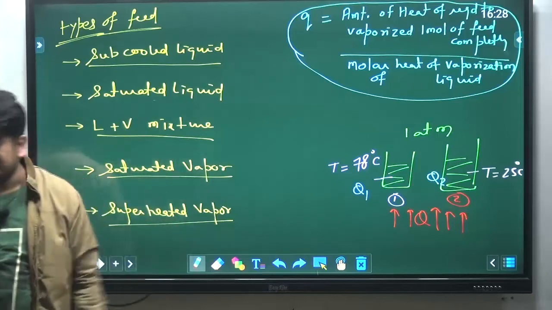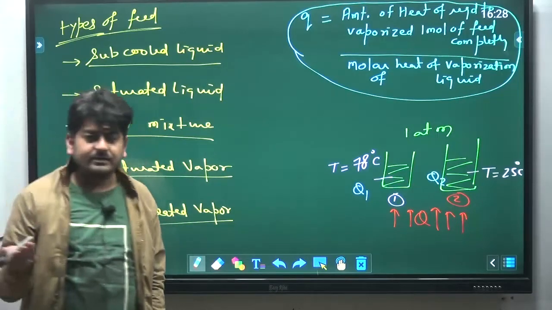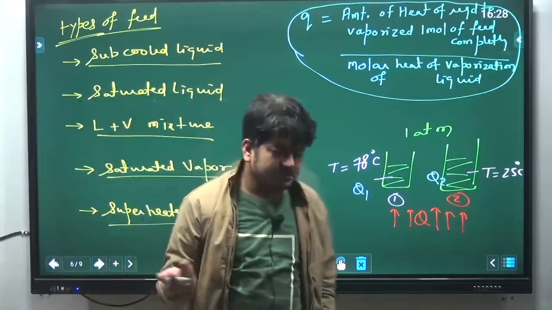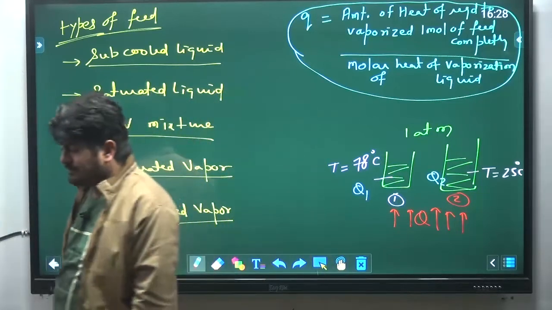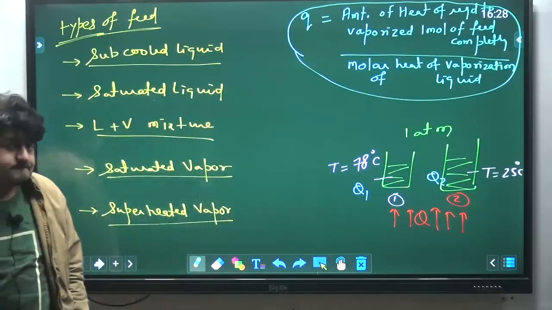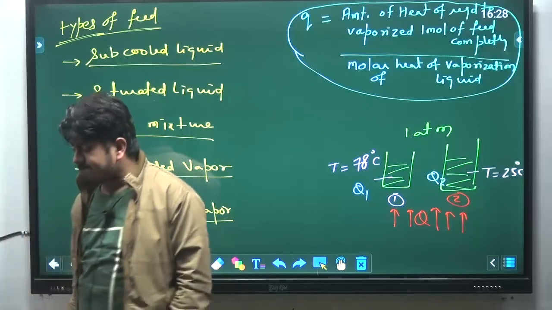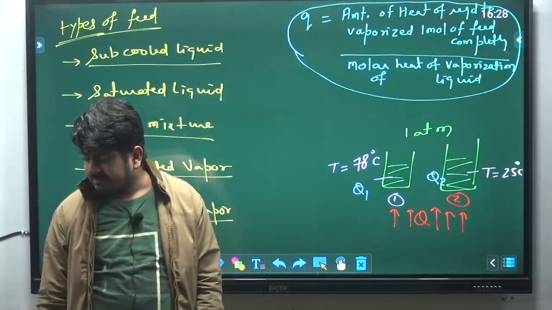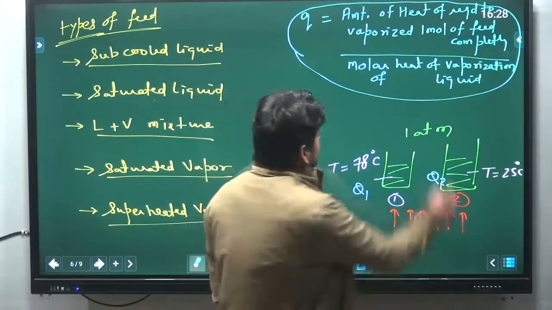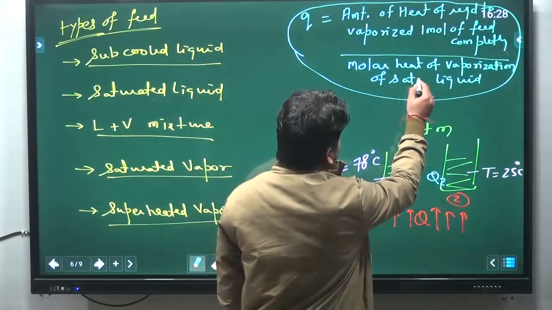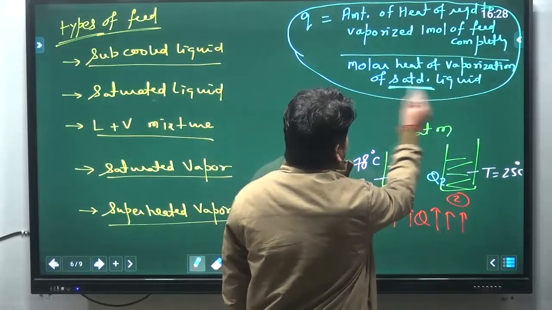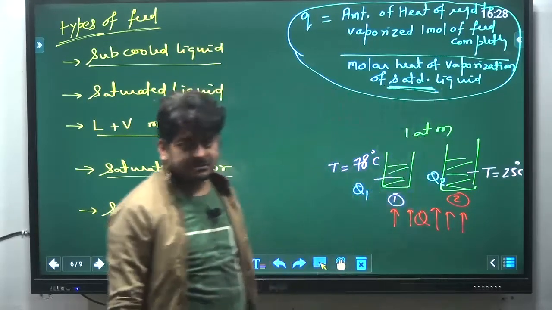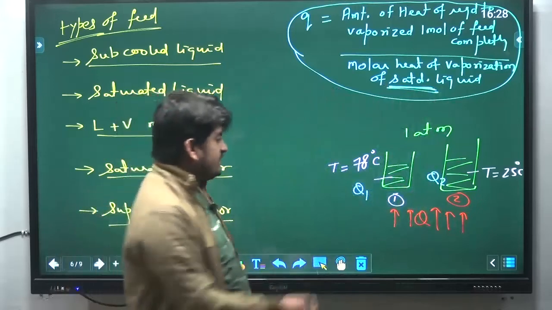Complete vaporization. Q2 will be greater than Q1, obviously. Correct. So here make it saturated liquid, for the saturated liquid in the definition. Now it will be easy to understand.